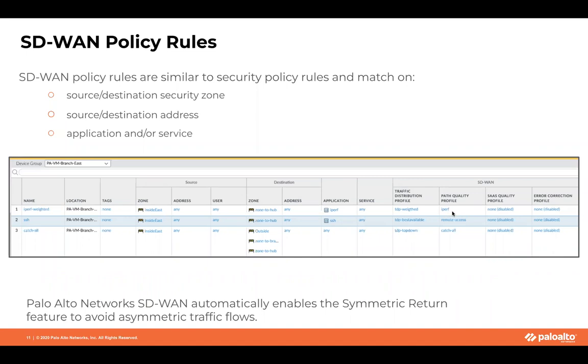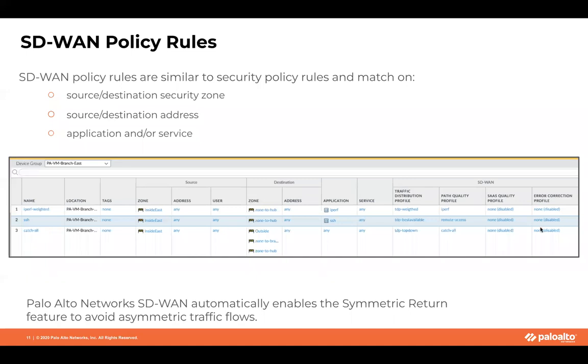One thing that's important is once we have a match on the SD-WAN policy rule, the path selection algorithm evaluates each path from that traffic distribution profile against the real-time path conditions. Those are the probes that we're constantly sending every 200 milliseconds to determine the appropriate path.